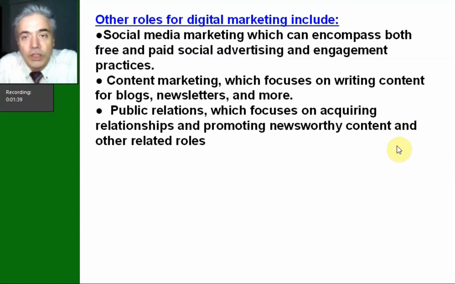Other roles for digital marketing include social media marketing, which can encompass both free and paid social advertising and engagement practices. Paid advertising is one thing: you drive people to your website. But also when you post some content on your social media, people can engage with it. They may like it, they can share it, they can comment.